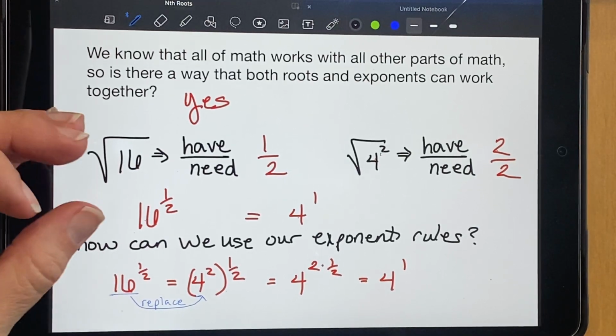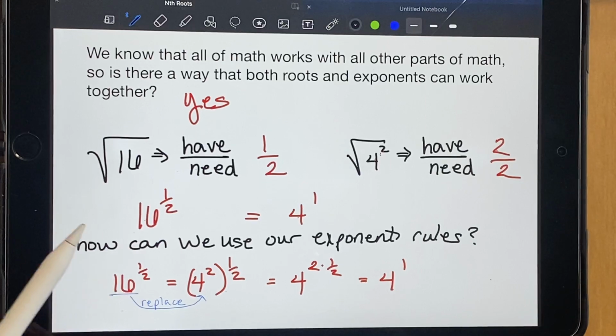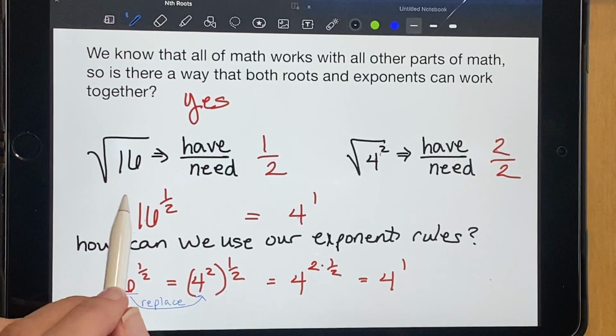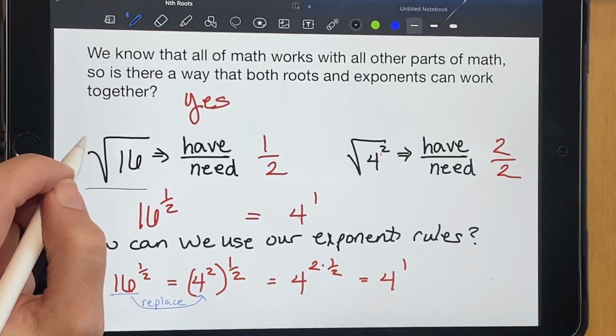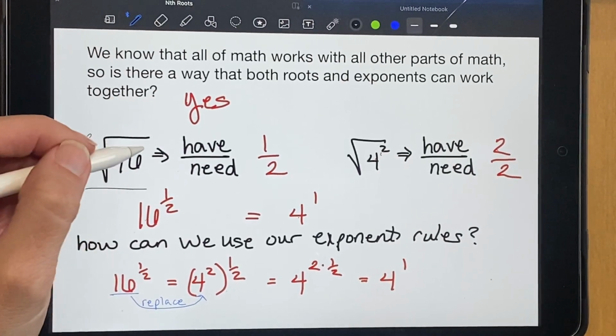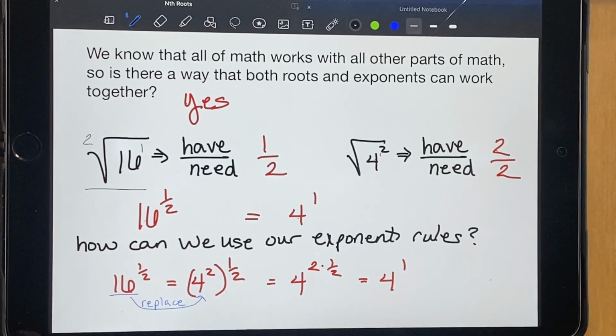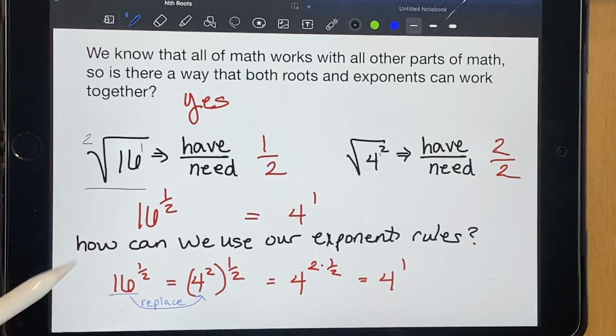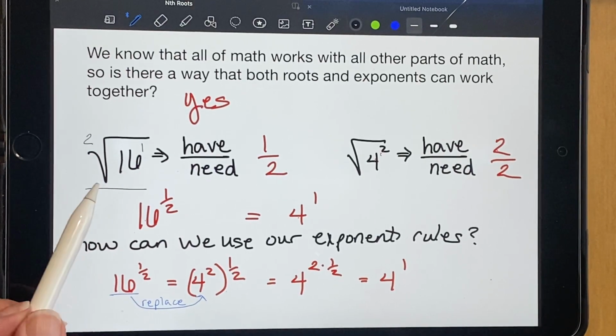We can have our root rules and we have our exponent rules. So first thing I want to do is go back and look at this square root of 16 that we have here. We know that this was an unwritten 2. And for 16 here, I might say that it's raised to the exponent of 1. So these are numbers that we can all agree on are the same.